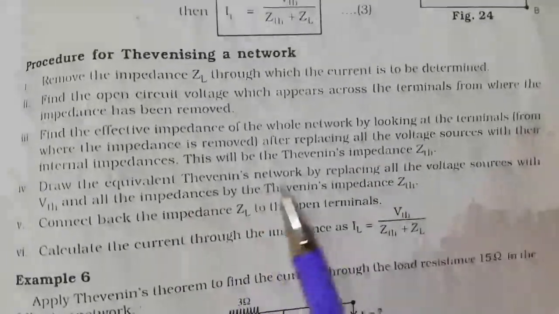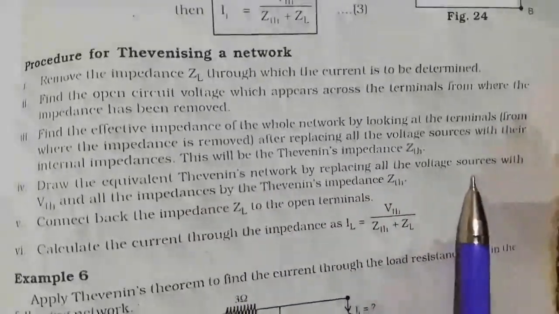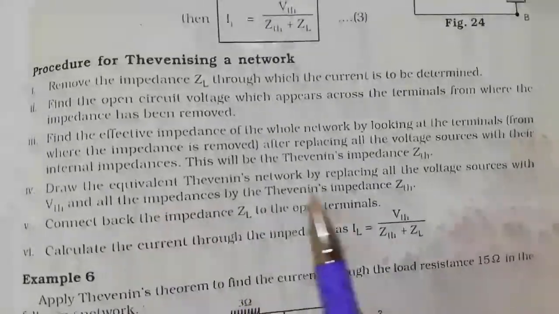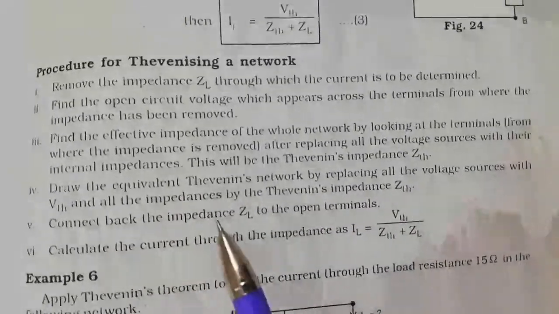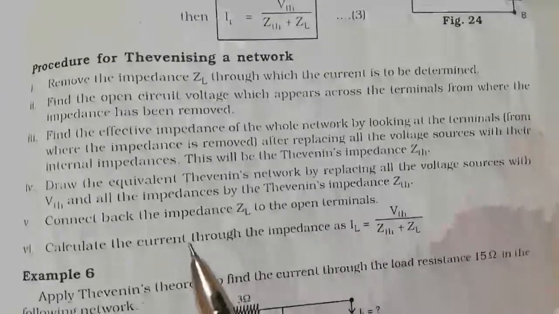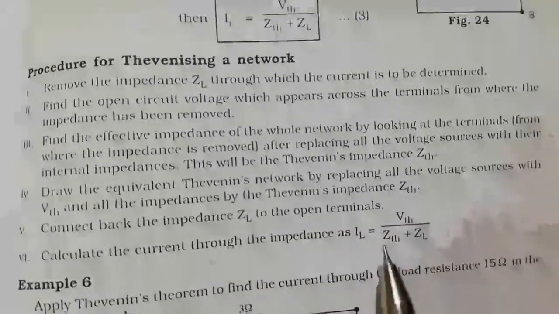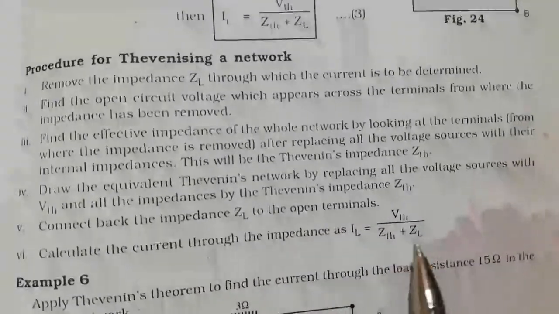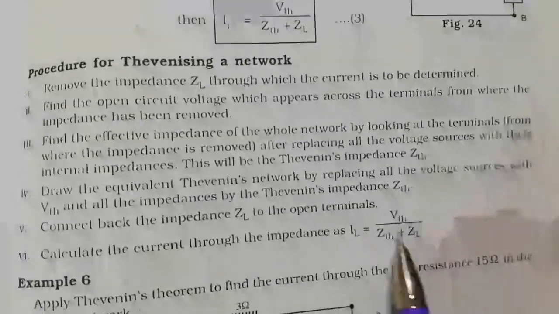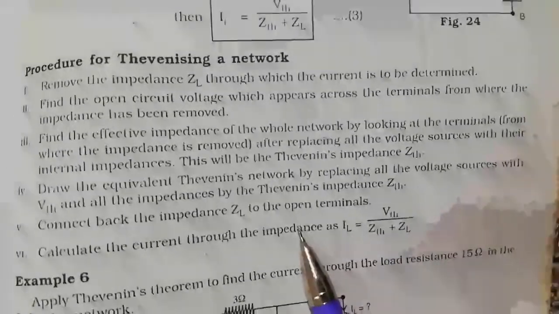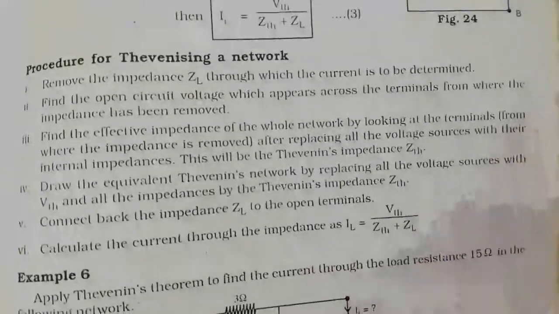Draw the equivalent Thevenin's network by replacing all the voltage sources with VTH and all impedances by ZTH. Connect back ZL to the open terminals. Calculate the current through the impedance as IL is equal to VTH by ZTH plus ZL. These are the steps for Thevenizing a network.